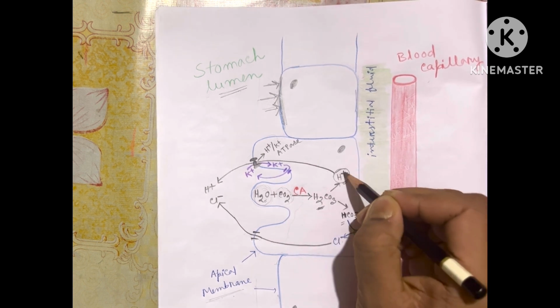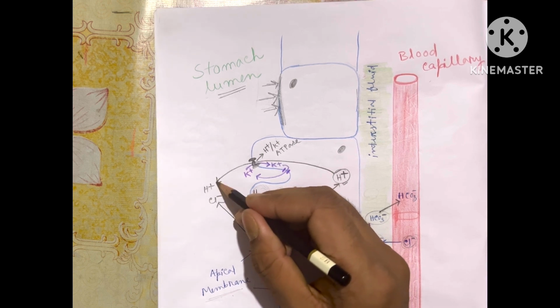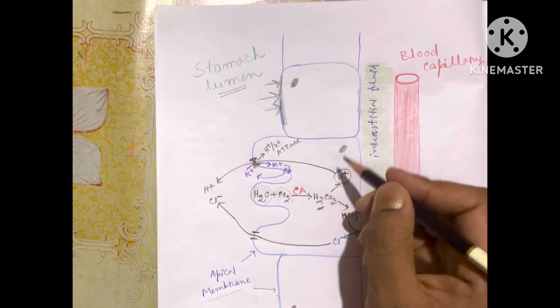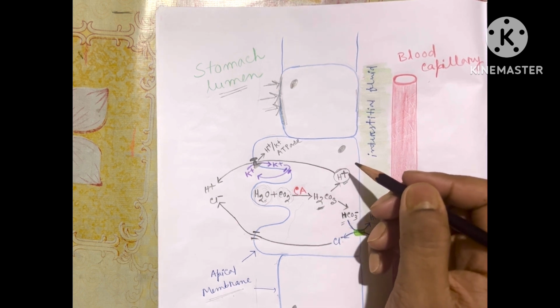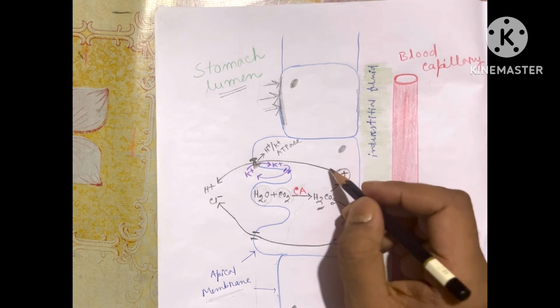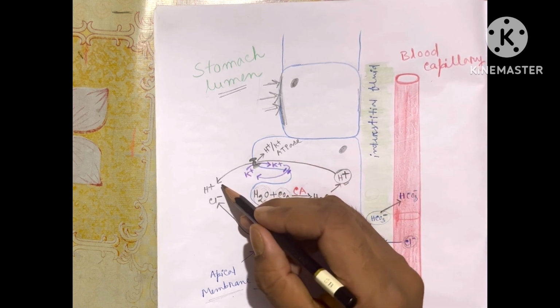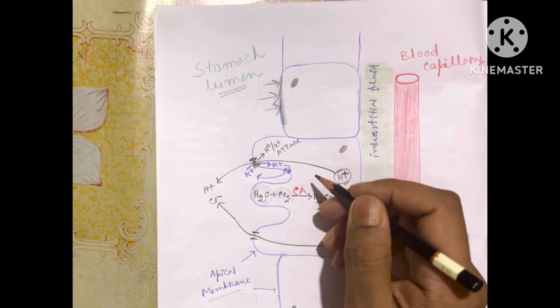Now this is a positive charge. So when this positive charge is moving towards the stomach lumen, then we need some kind of energy. So this hydrogen ion will be withdrawn inside the stomach lumen with the application of ATP molecules.